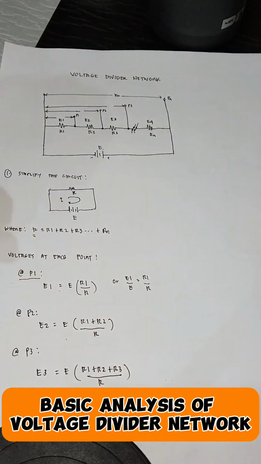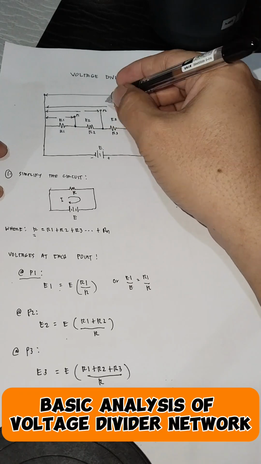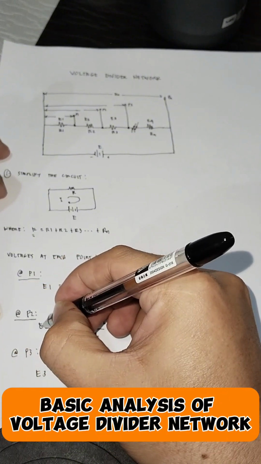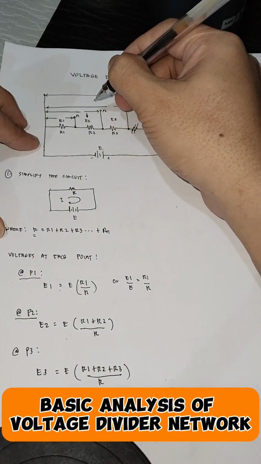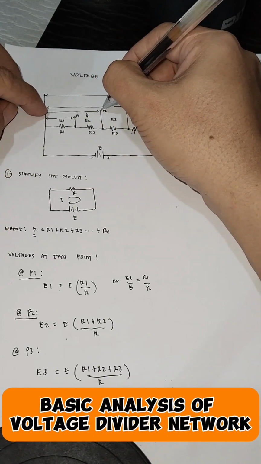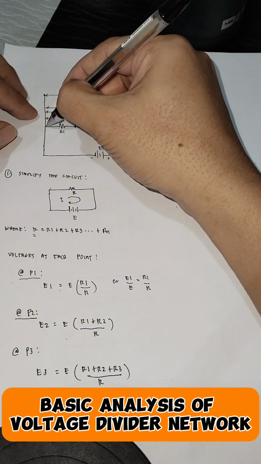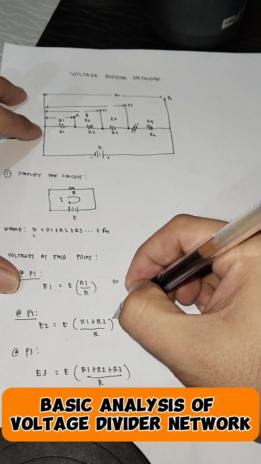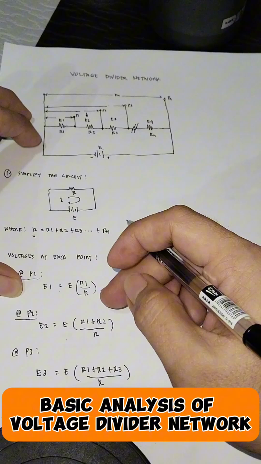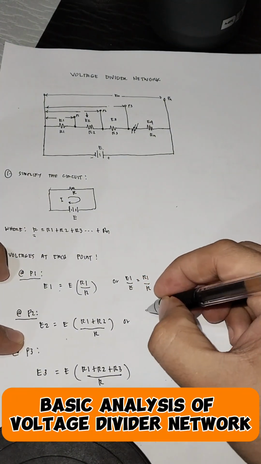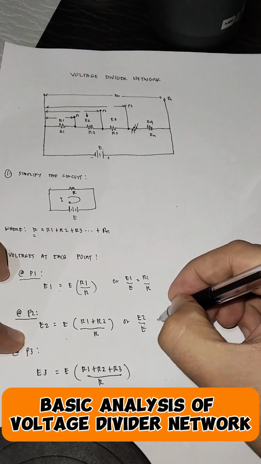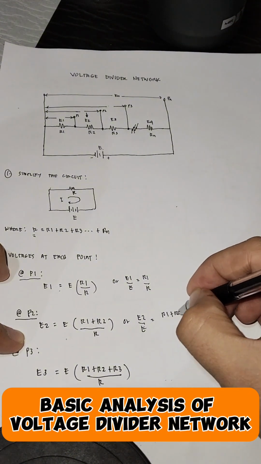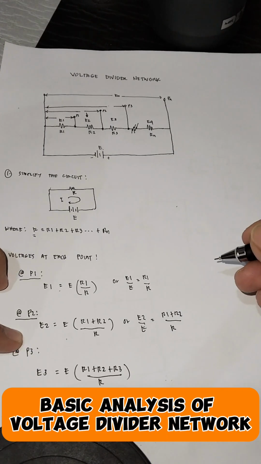So at point 2, E2, if we take measurement from this point to this point, we have E2 equal to E times the quantity R1 plus R2 over the total resistance R, or E2 over E is equal to R1 plus R2 over R. Okay?